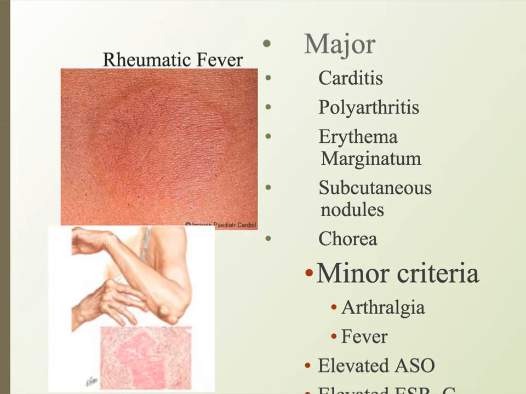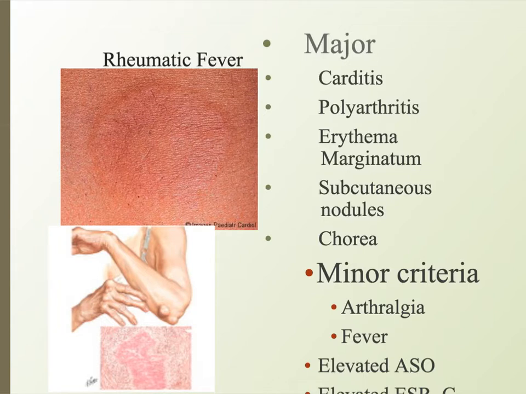So here is that Jones criteria broken down. The major criteria is carditis, polyarthritis, erythema marginatum, subcutaneous nodules, and chorea. And we'll define these closer in class.